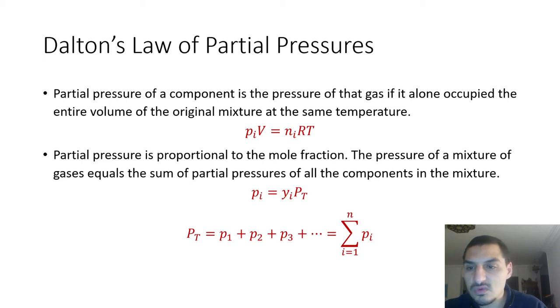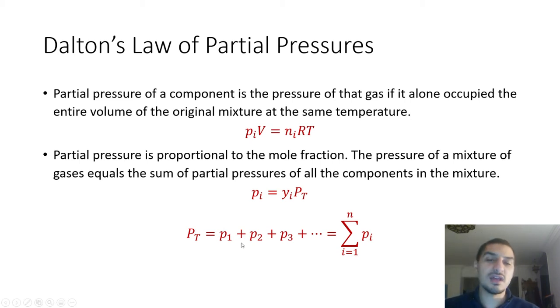Dalton's law of partial pressure is something that we visited last year in the chemistry course, but again, it is a law that is used to calculate the partial pressure of a component. To understand the partial pressure of a component, if I have a mixture of 4, 5, 10, 100 components, then the total pressure is considered to be the summation of partial pressures of the components.